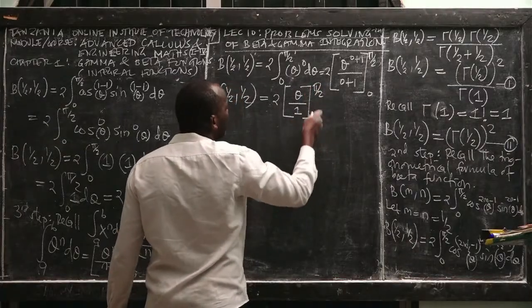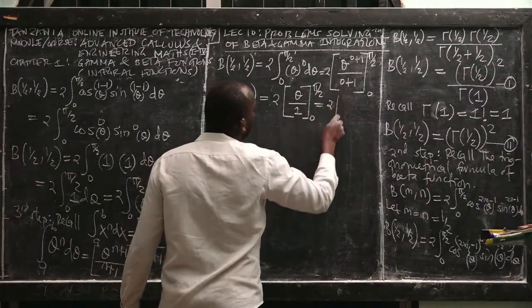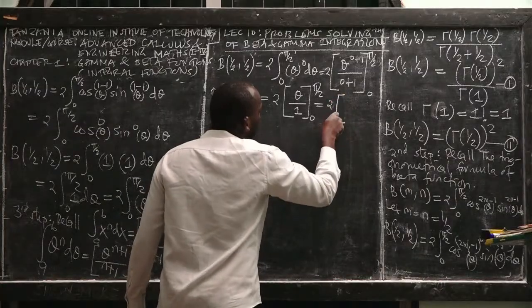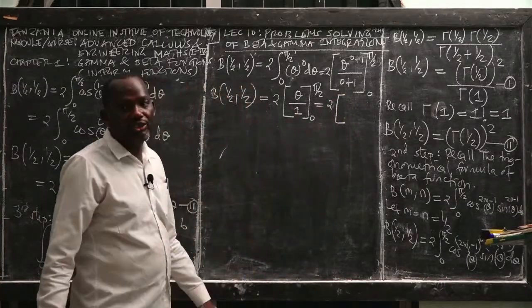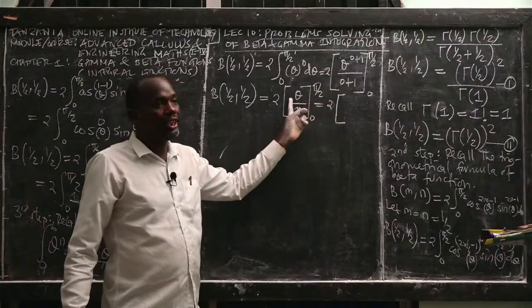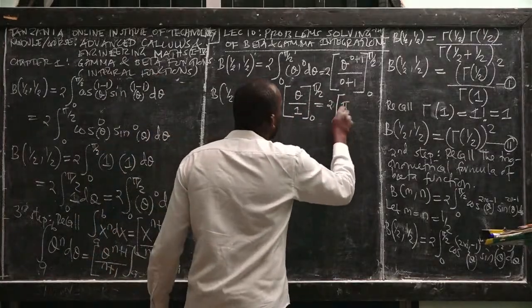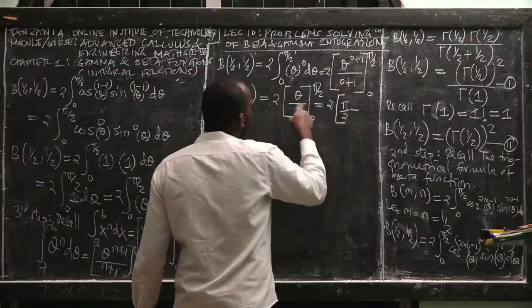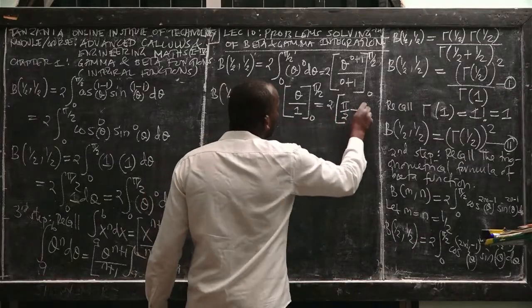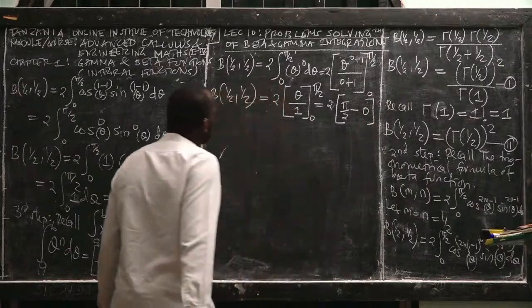Theta over 1 is theta. So it will be 2, open brackets. We introduce the upper limit. These are the limits of theta, so substitute pi over 2 here. So we have pi over 2. Then substitute 0 in theta, so pi over 2 minus 0.